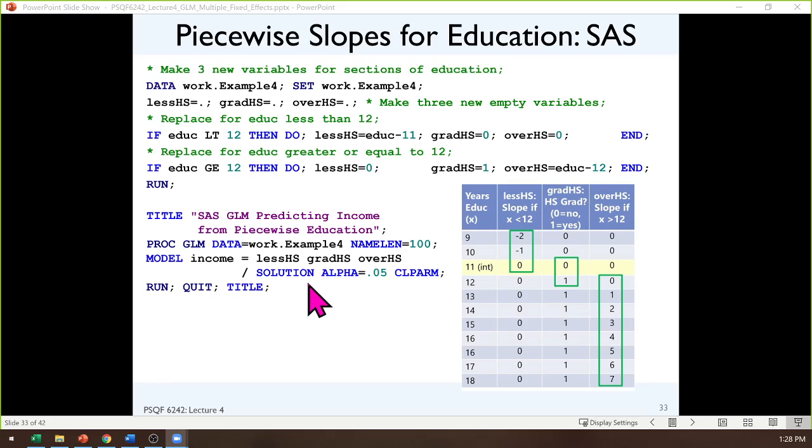The negative 12 means minus 12. So it's taking whatever the original education column is and subtracting 12 from it to create the values that are shown in the table here. Because what we're trying to represent with this over high school predictor is how many more years than high school that you have. So 12 is kind of like the new 0 for that predictor.